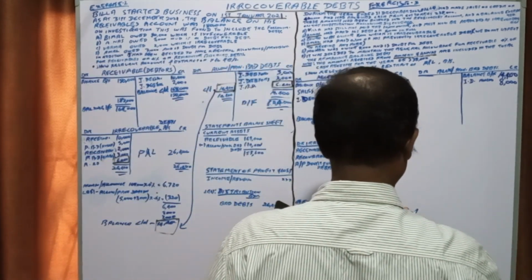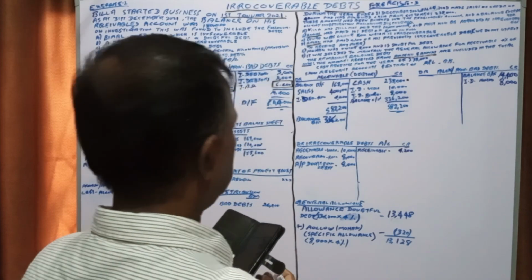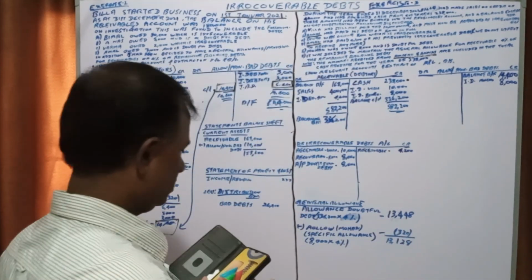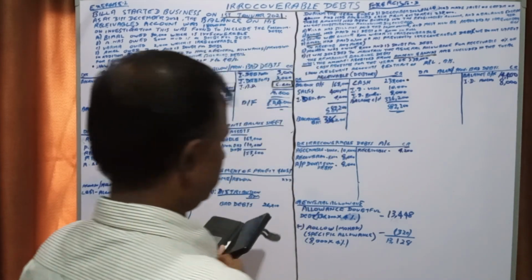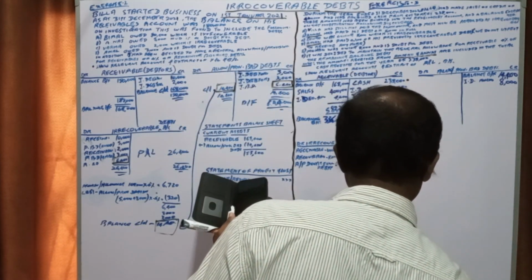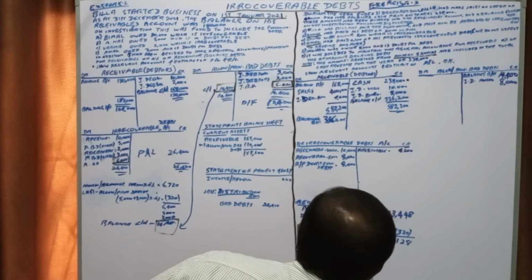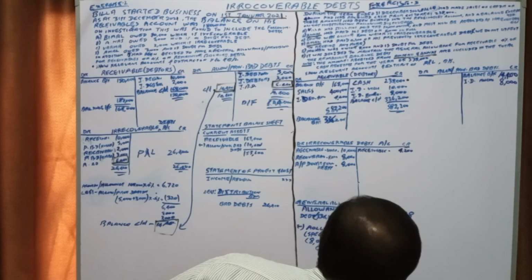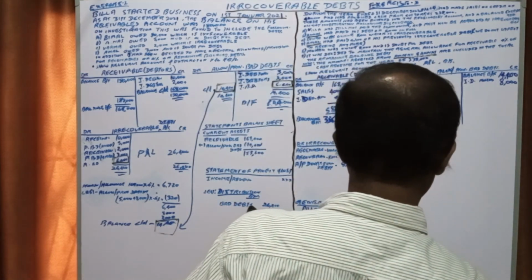Right. Okay, understood? 13,448 minus 320, 13,128. This is the general allowance. This is called general allowance. General allowance of 13,128.